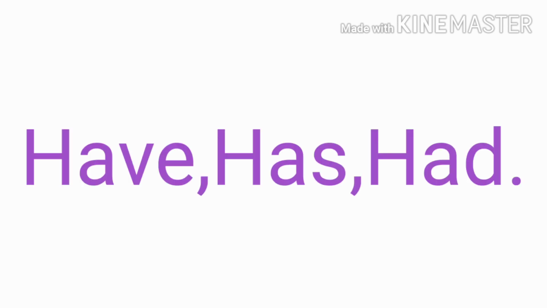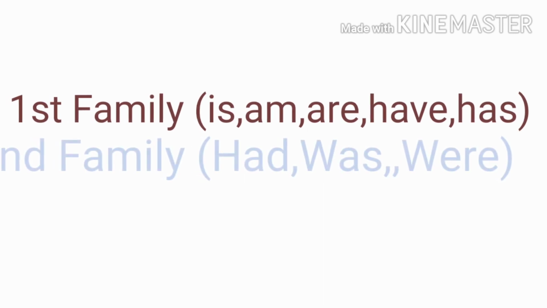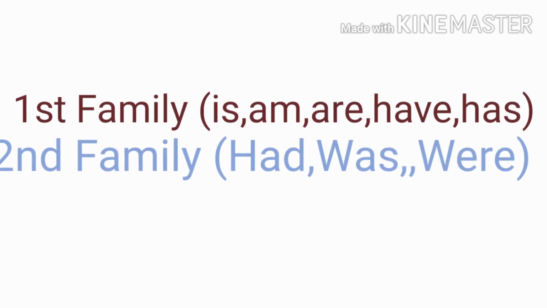Okay, so then now we'll move on to the next. Have, has and had. Okay, so here has is used for the singular. Okay, तो has and have क्या हो जाएगा? So that is present. Okay, then had, was, were is in another family. The had is a past, was and were also past.